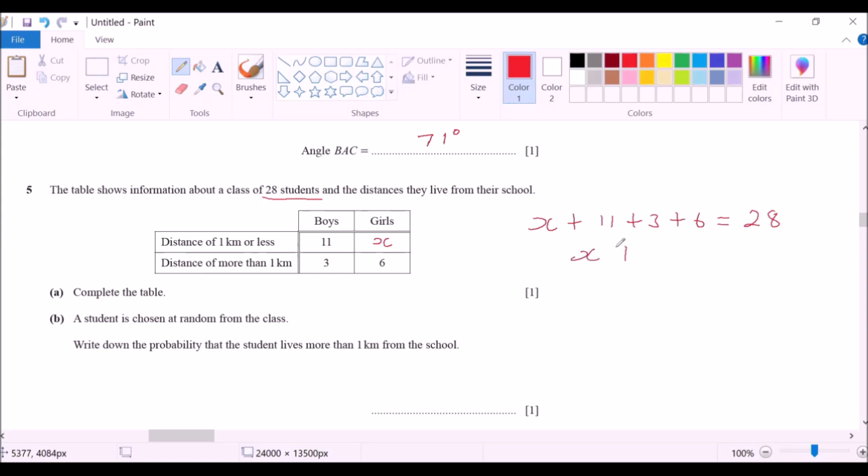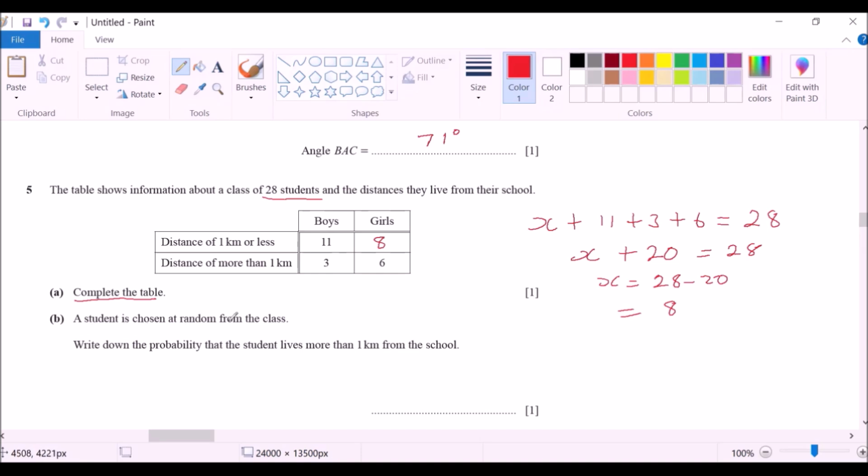X plus 11 plus 3 plus 6 is 20. Is equal to 28. So x is equal to 28 minus 20, which will give us 8. So here, to complete the table, we should put 8 there on the table. As it says, complete the table.